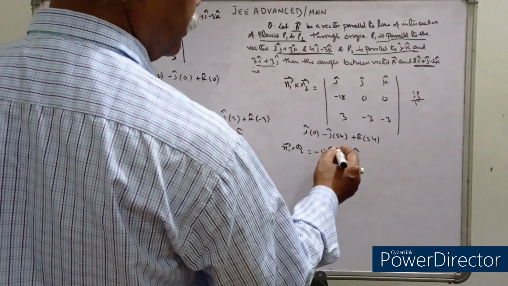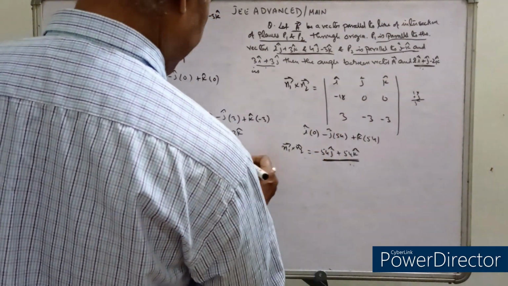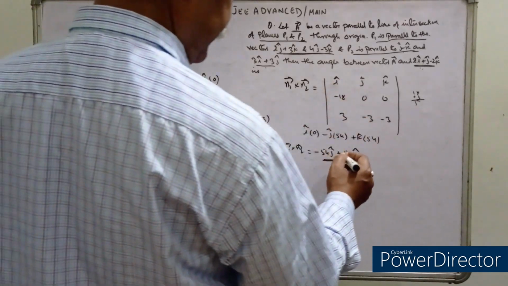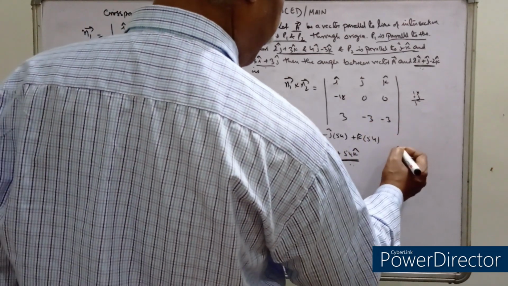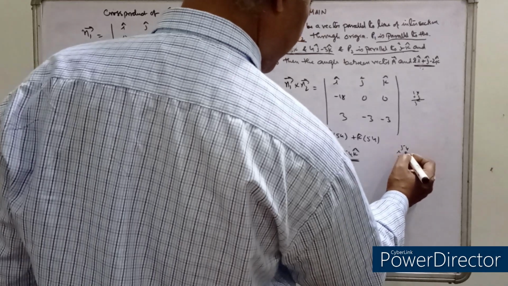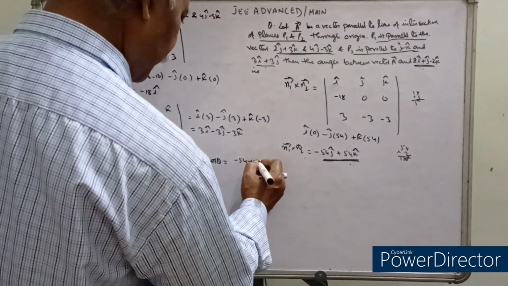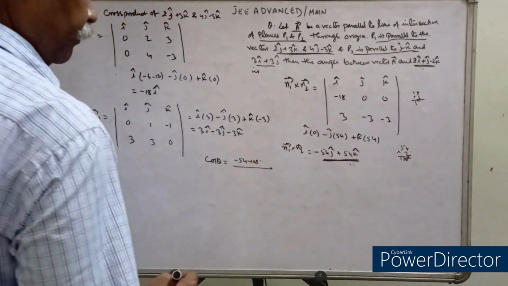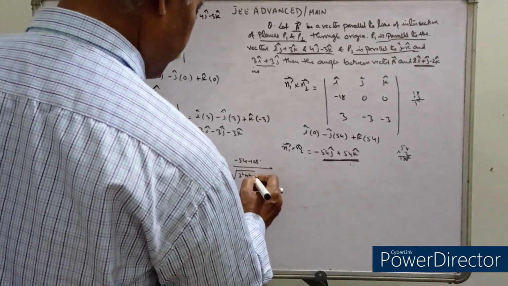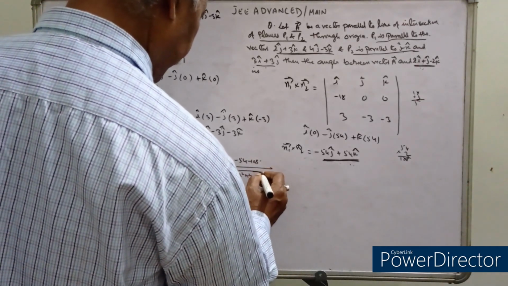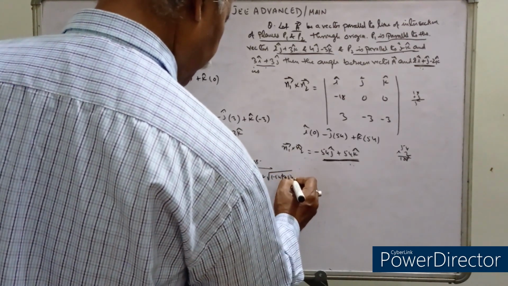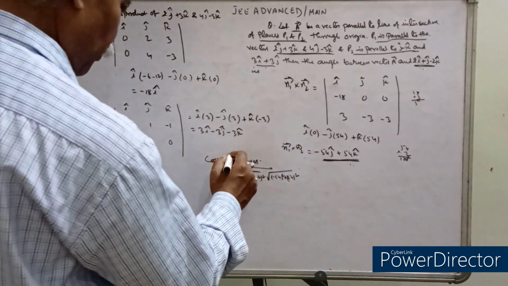That will be how much? i is 0, minus 54, and then k k, 54 into 2, 108. So this is minus 108, and then root over 2 square plus 1 square plus minus 2 the whole square, and again this will be minus 54 square plus 54 square. So this is the modulus.